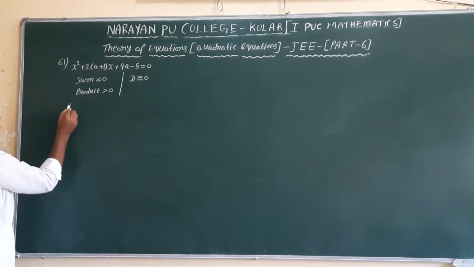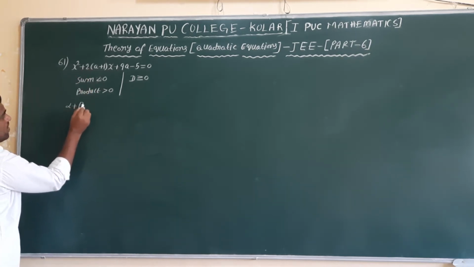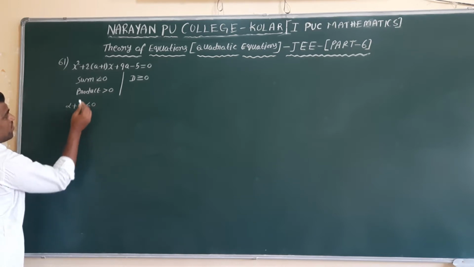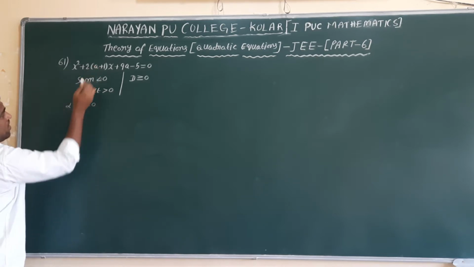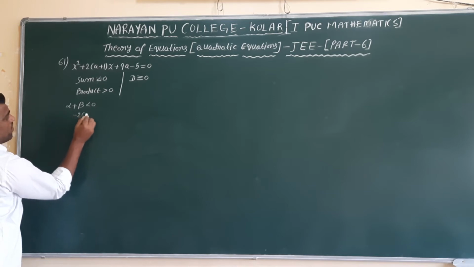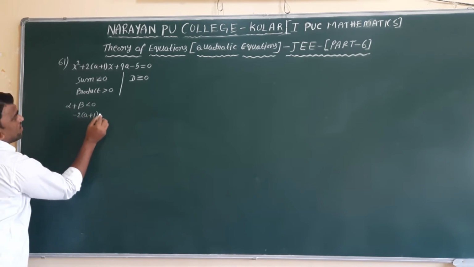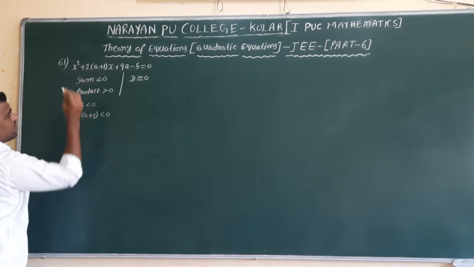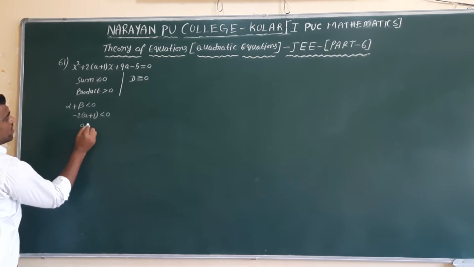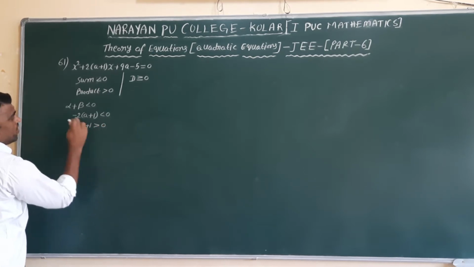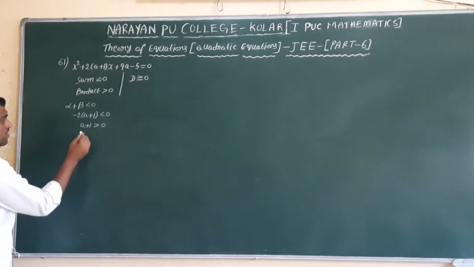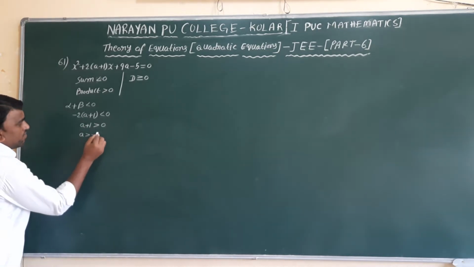Sum of the roots, alpha plus beta, is less than 0. Sum of the roots means minus b by a. Minus 2(a plus 1) is less than 0. So a plus 1 is greater than 0, while dividing with minus 2 the inequality will change. A is greater than minus 1.